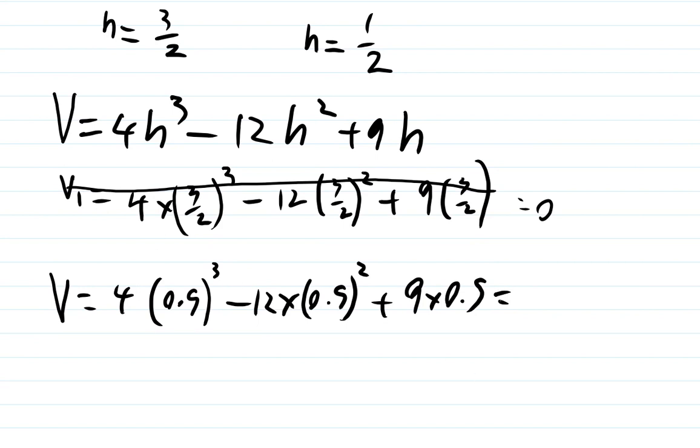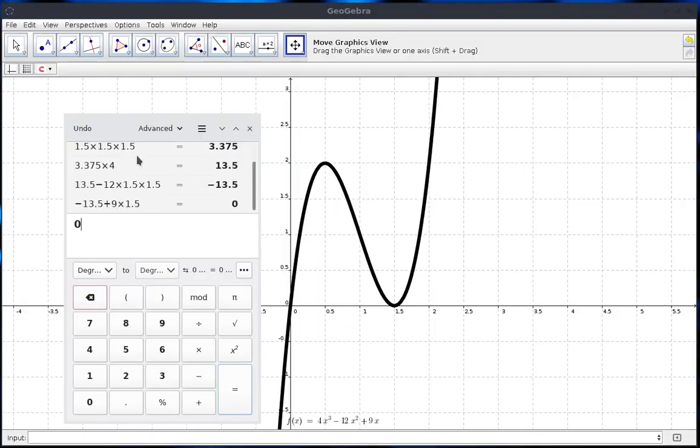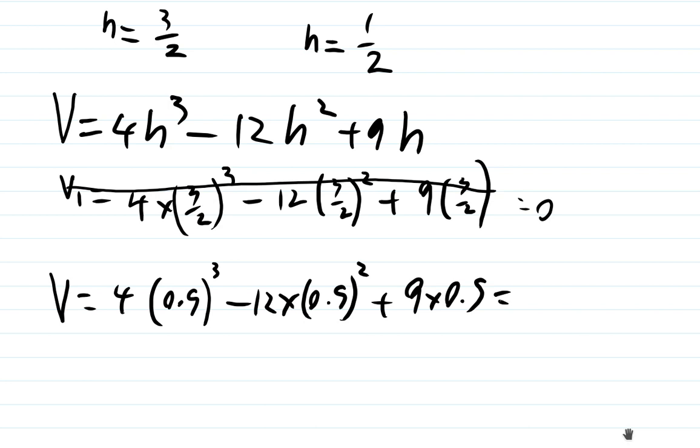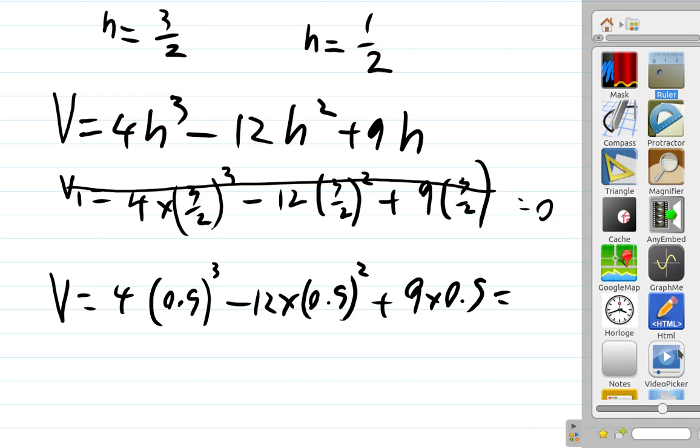So, calculator. What I really would want is for the calculator to be shown on this side. But do we have a calculator? I think we have a calculator in this thing. We could also use this calculator.